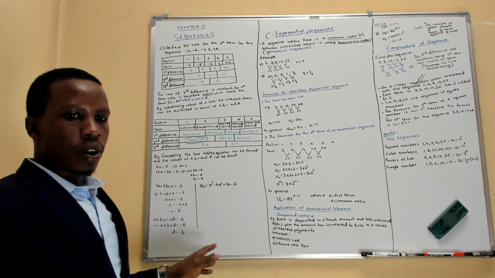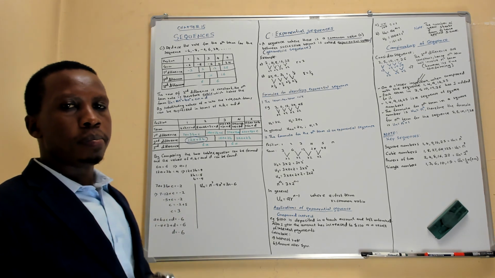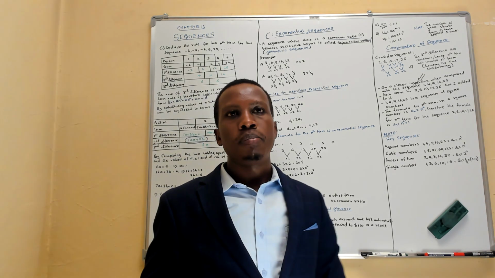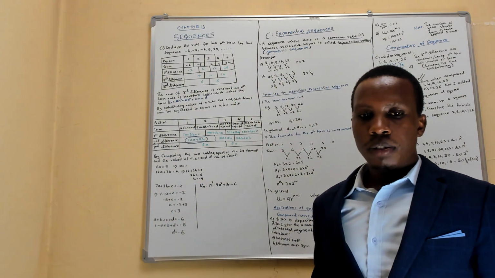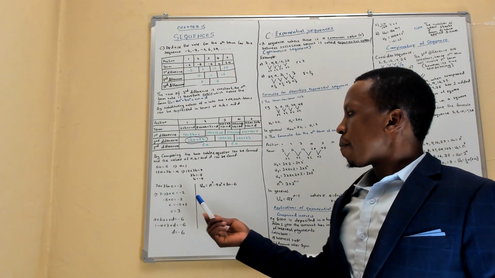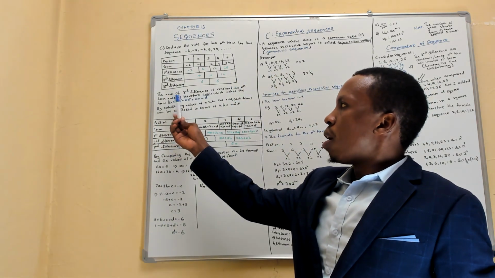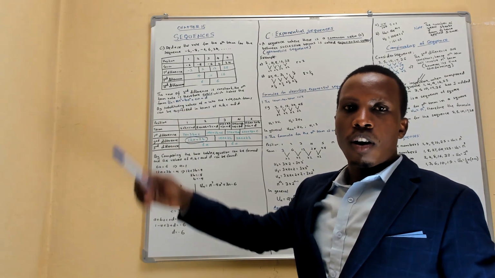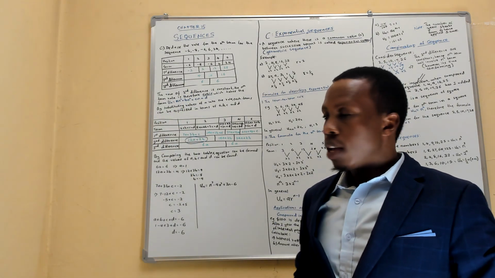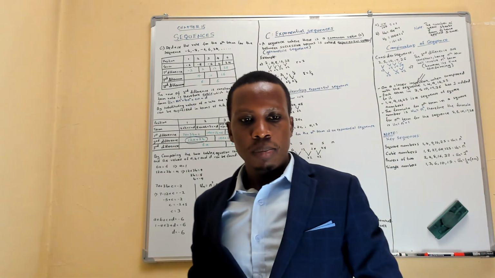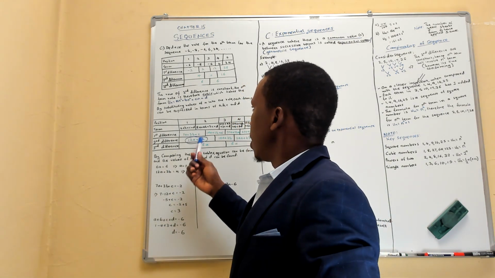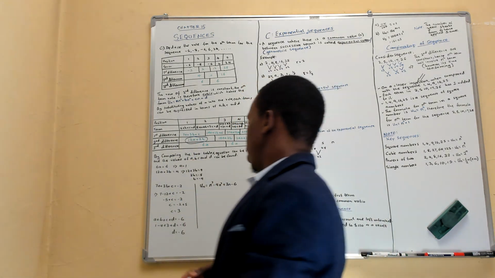Now that I have all the values of a, b, c and d, I just substitute back into the formula of the nth term, and doing that, I'm able to come up with this formula.